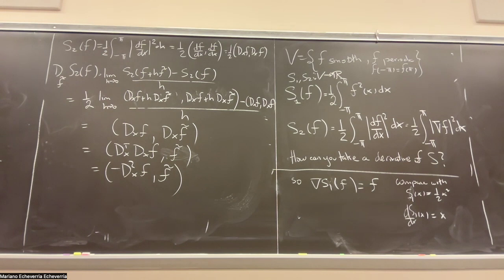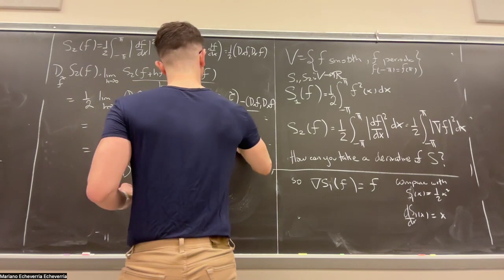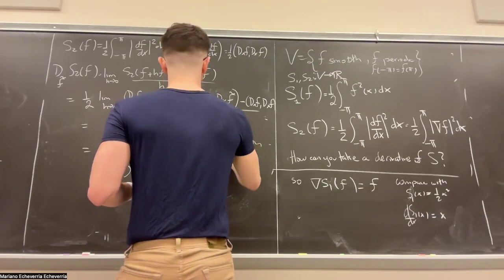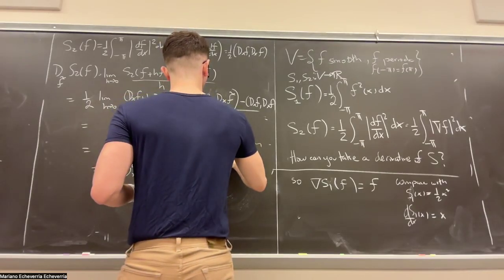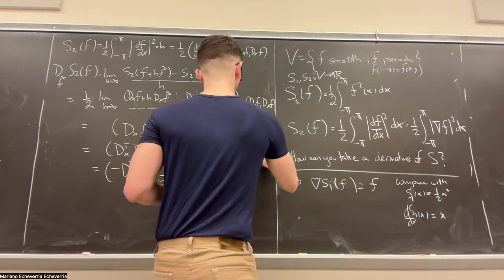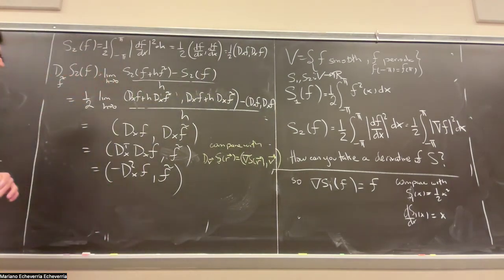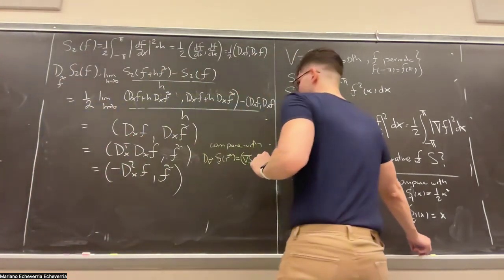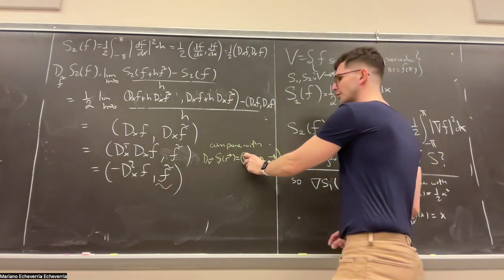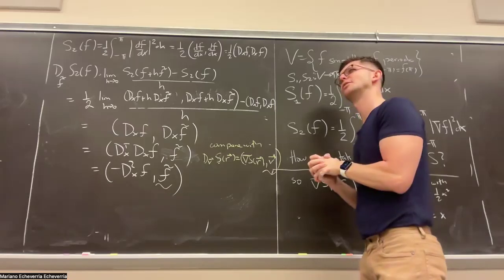So just by comparing all of these, again we're trying to compare with the fact that the derivative at a vector of a function f at r is the dot product between the gradient and the vector v. If you compare that, this kind of matches this. So what that means is that the gradient in this case should be kind of weird: the gradient is minus the second derivative.